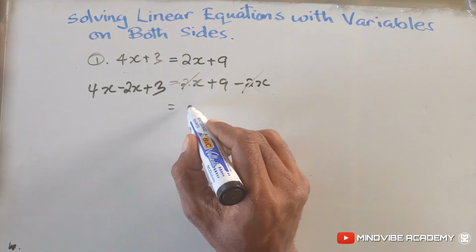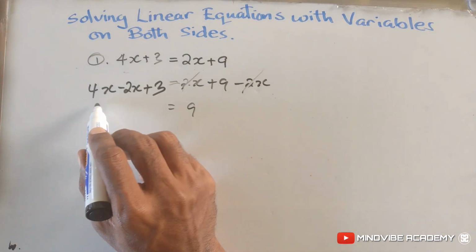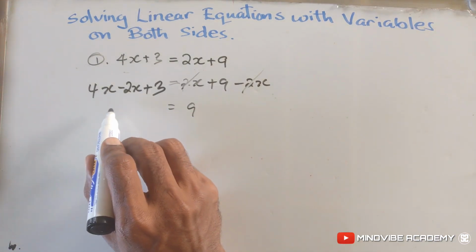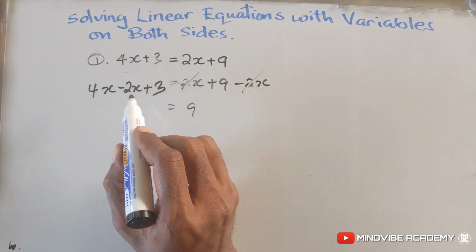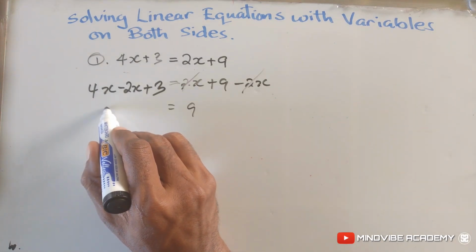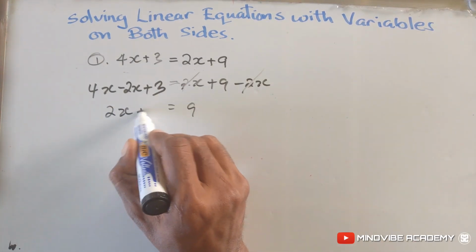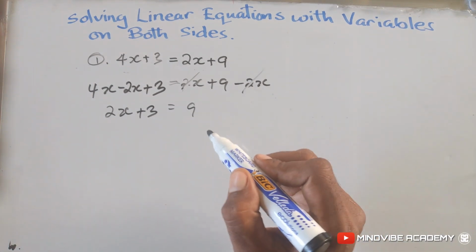Now we are left with 9, and 4x minus 2x plus 3. Now we have 2x plus 3.